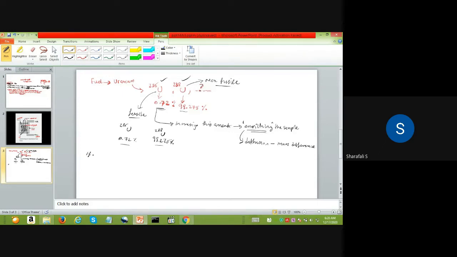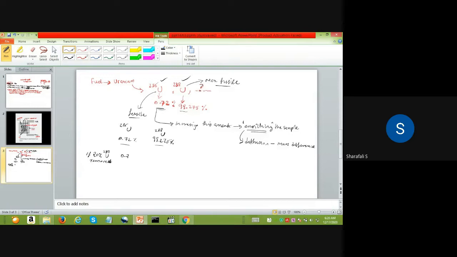If 20 percent of uranium-238 is removed, this process is called enriching. So if 20 percent of uranium-238 is removed, what will happen here?